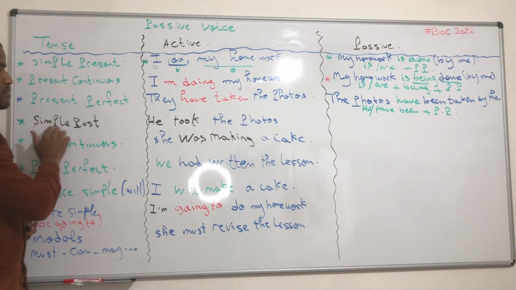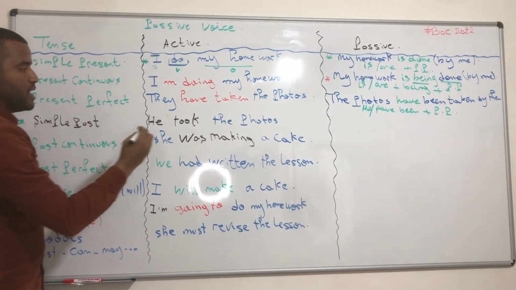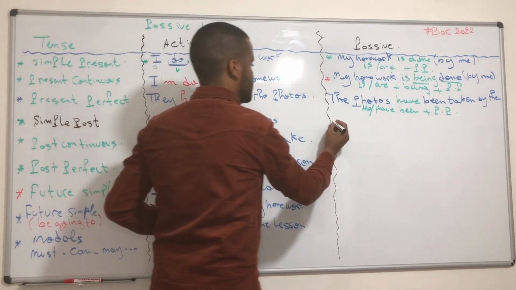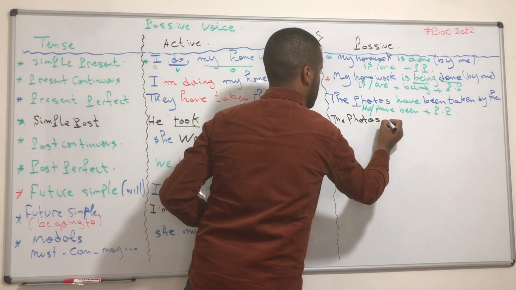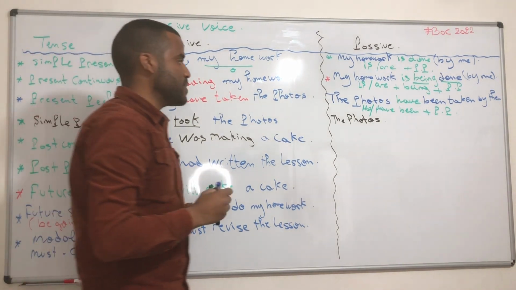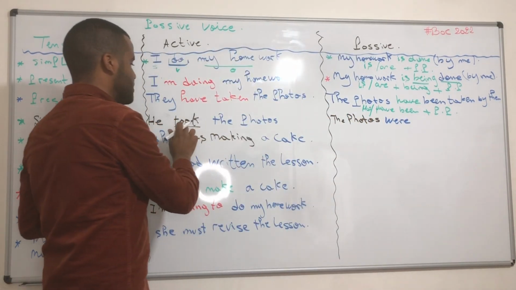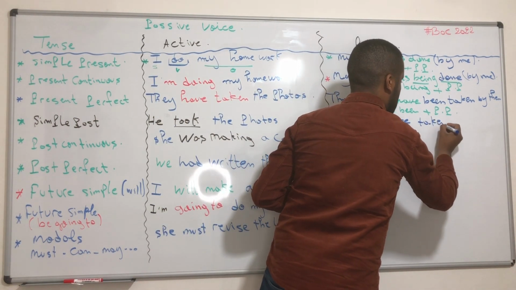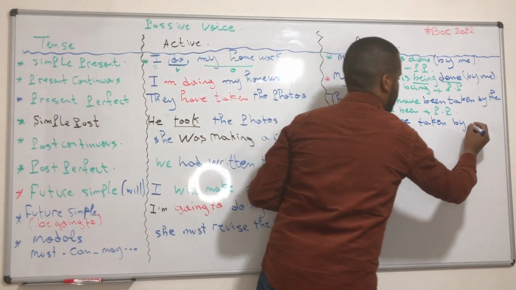So we move to the next one, simple past. Here: he took the photos. We have the verb take in the past. When we have this in simple past, I'm going to say the photos, and we are going to conjugate the verb to be in the past. So the photos were taken by him.